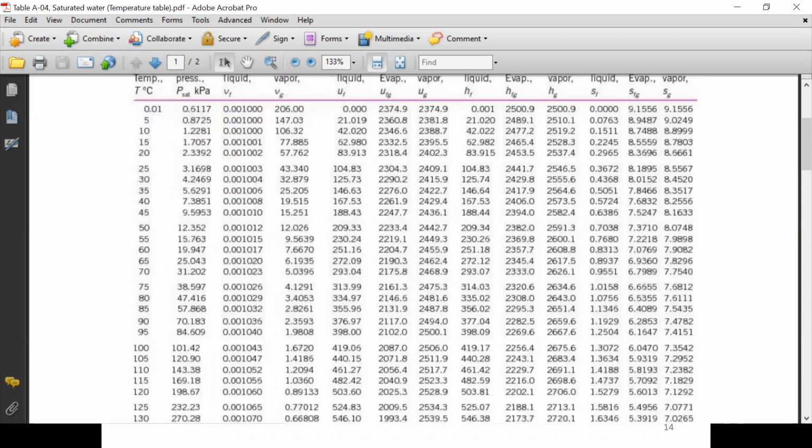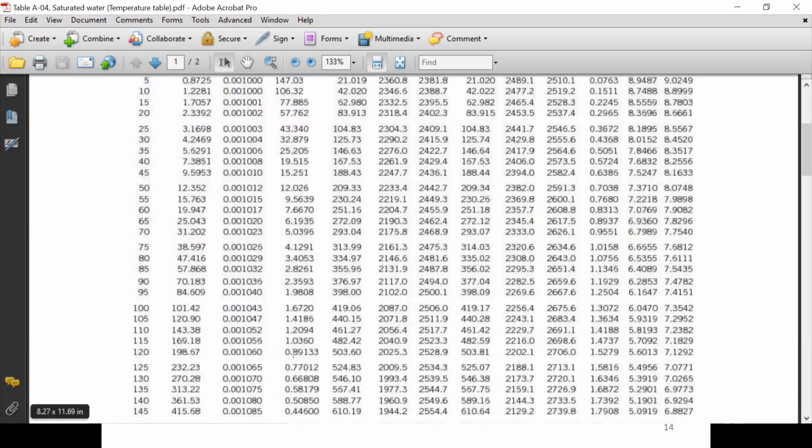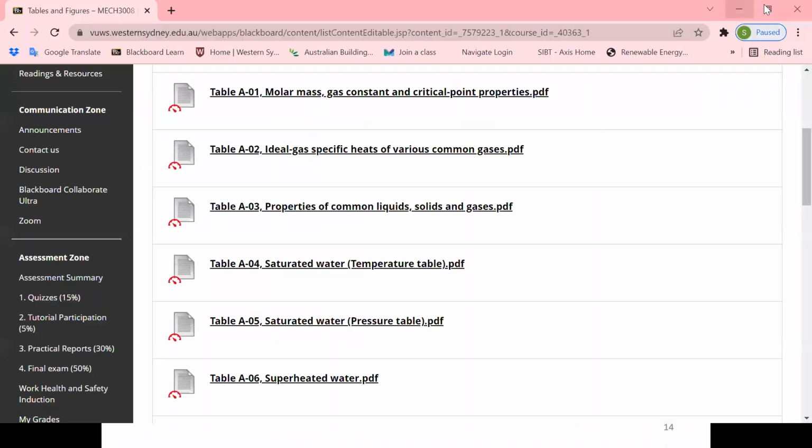We'll check this now. So this is the saturated water temperature table.